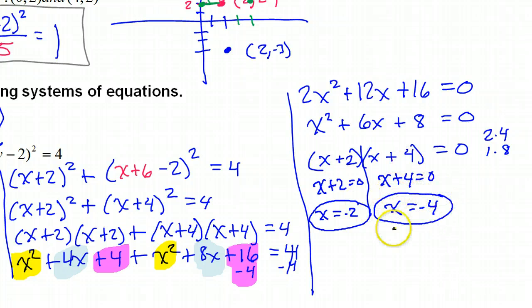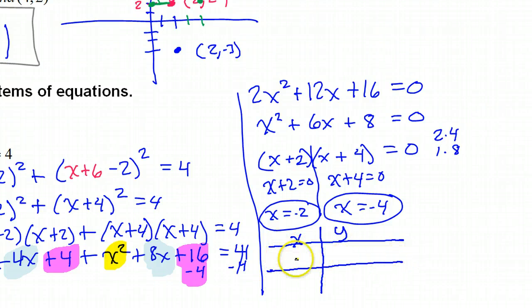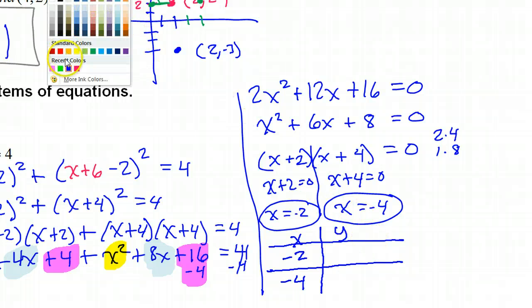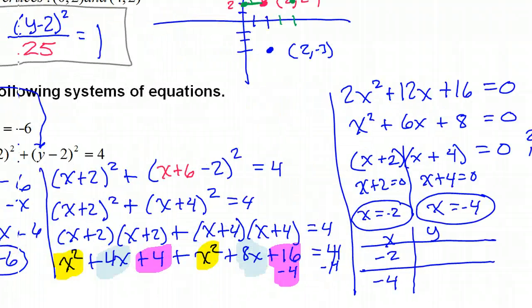Now these are not my final answers, mind you. I still need the y values that go with them. Let's see, maybe I can squeeze that in here. T-chart time. So I've got x's and I've got y's. My x's are negative 2 and negative 4. I need the y values that go with them, but I have a y machine somewhere.